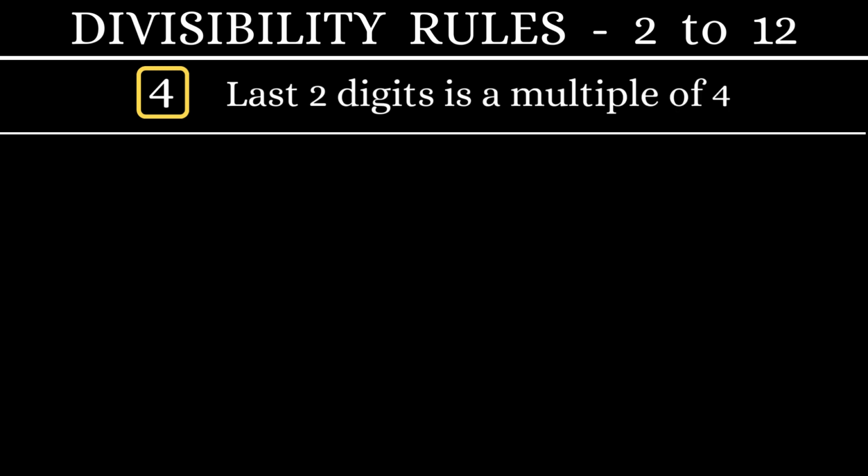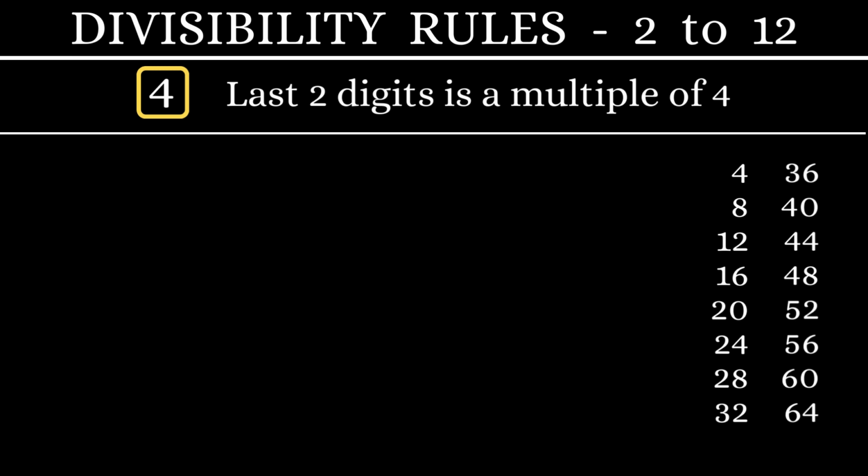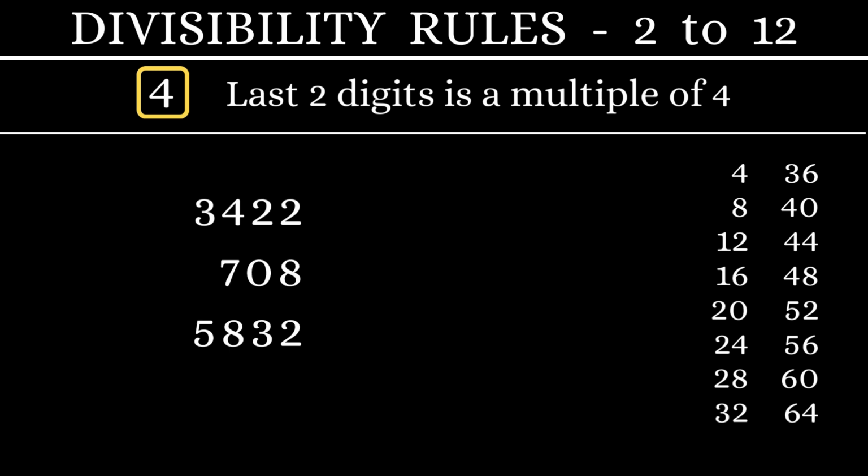If it is a multiple of 4, then the whole number is divisible by 4. Here we have listed some of the multiples of 4. Using this, let us identify which of these numbers are divisible by 4.